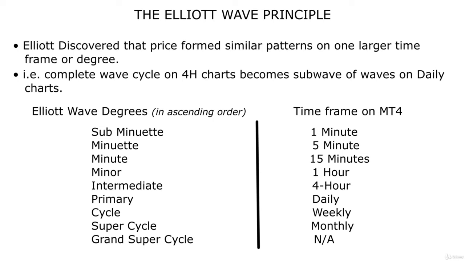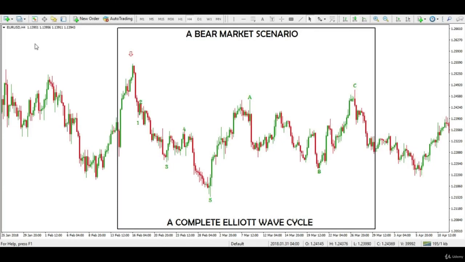Now let's study this key guideline using the same examples to explain the wave pattern on one larger time frame or degree. Once again, we are looking at the 4-hour chart of Euro Dollar, which we used to study the complete wave cycle. Now to see how this pattern forms a part of waves on a larger degree, we switch to daily charts.